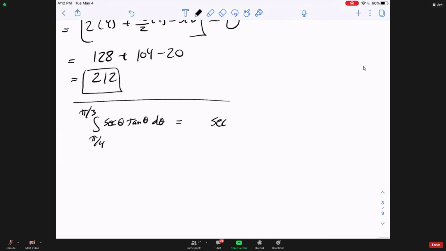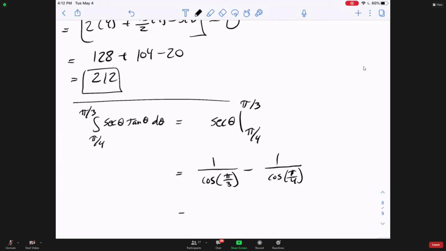Secant, right? Because the derivative of secant is secant tangent. Now we're going to plug in pi over 3 minus plug in pi over 4. Now, secant is 1 over cosine, so I'm going to just change it to 1 over cosine of pi over 3 minus 1 over cosine of pi over 4.